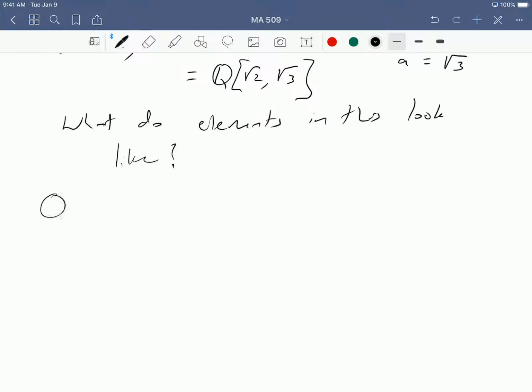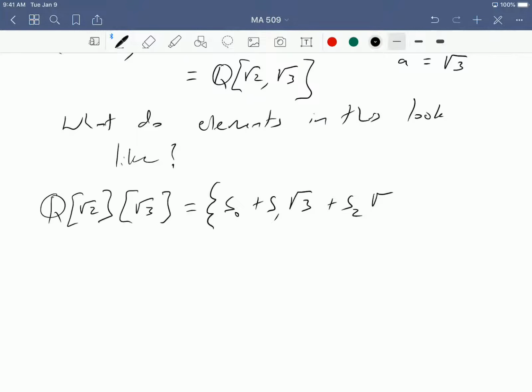First pass, I am going to take Q adjoin root 2, and I'm going to adjoin root 3 to it, so I can have any polynomial expressions using root 3, and those coefficients, the S_i's, live in Q adjoin root 2.